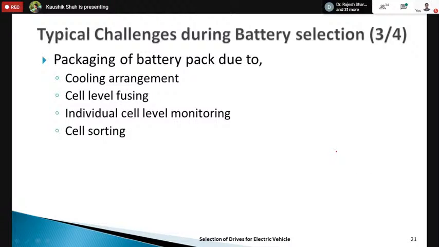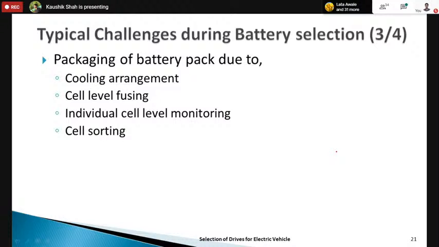Point number three is about the packaging of the battery pack. Okay, I think the earlier session must have addressed the cooling requirement. This is packaging challenges. The packaging of the cell itself involves pretty different designs, and a lot of time is invested in how you construct the battery pack filled with different combinations of battery cells.